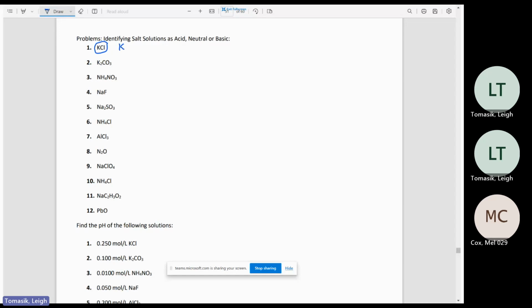Let's look at the cation. The cation K plus comes from KOH, which is strong. And the Cl comes from HCl, which is a strong acid. So strong acid plus strong base makes a neutral salt.